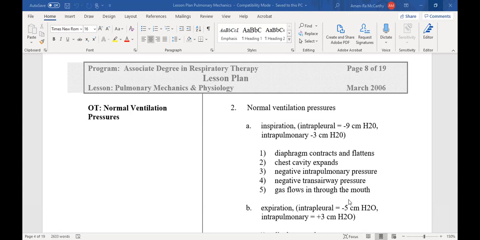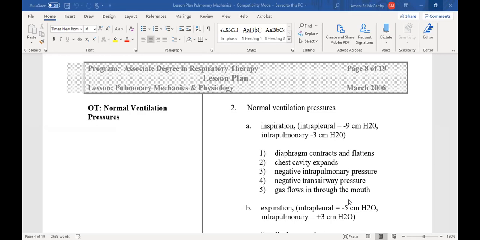So because it's more negative than outside, air has no choice but to suck in, okay? And so during that inspiration, the diaphragm is contracting or flattening, right? The chest cavity expands, right? The AP diameter of the thorax increases, right? You have a negative intrapulmonary pressure and a negative trans airway pressure. So what happens? Gas flows what?